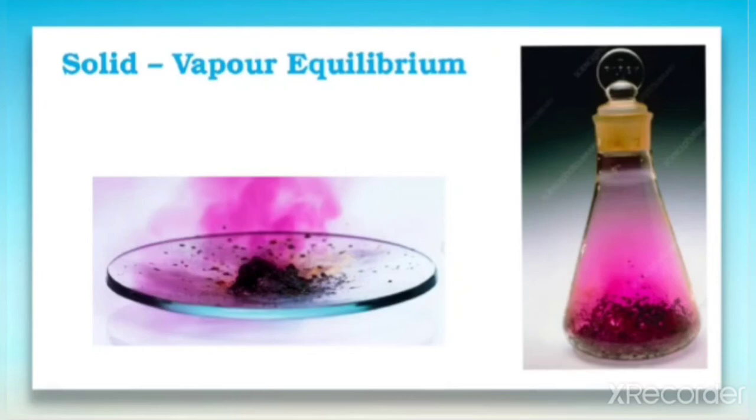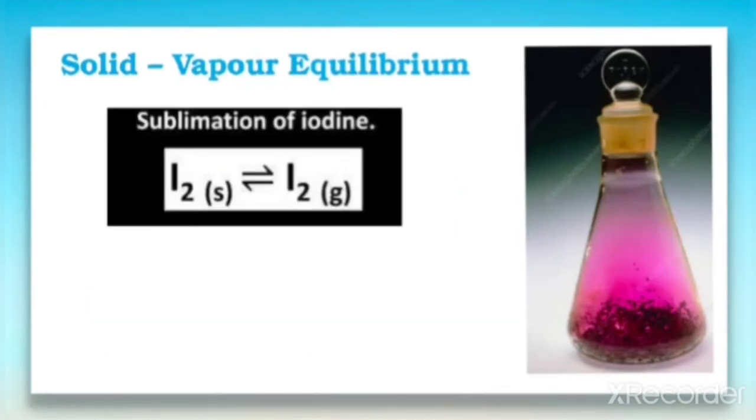Hence, at this stage, the solid iodine sublimes to give iodine vapor, and at the same time, the vapors condense back to form solid iodine. The equilibrium can be represented as I2 solid converting into I2 gas, and again I2 gas converting into I2 solid.